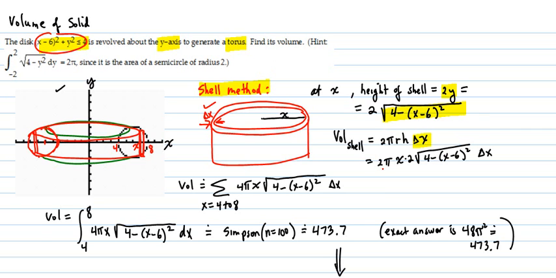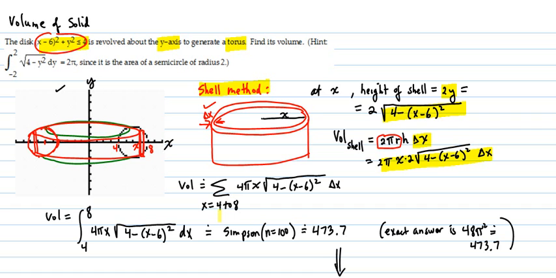So it's going to be 2 pi r h times delta x. That's the circumference of a circle, then times the height of the rectangle sheet, times the thickness, delta x. And so there you have your volume of the shell.